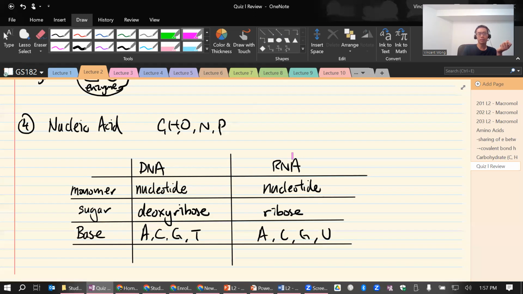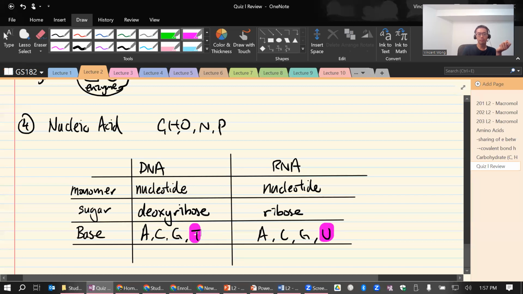Uracil instead of thymine. Structure: this is double helix. This is single strand. That's all the differences there are.